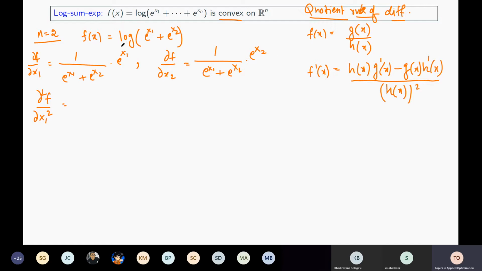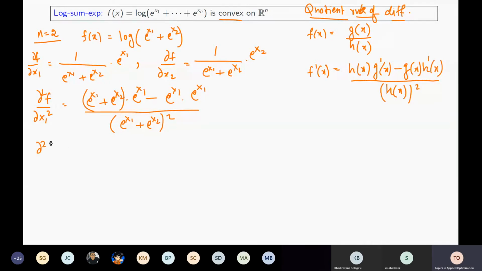This is of that form because in the numerator I have a function of x1, and in the denominator also a function of x1. So we get (e^x1 plus e^x2) times e^x1 minus e^x1 times e^x1, divided by (e^x1 plus e^x2) whole squared.